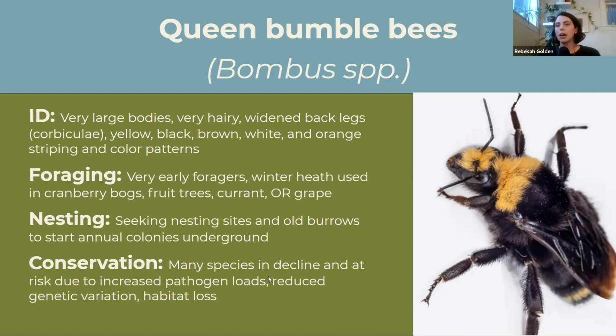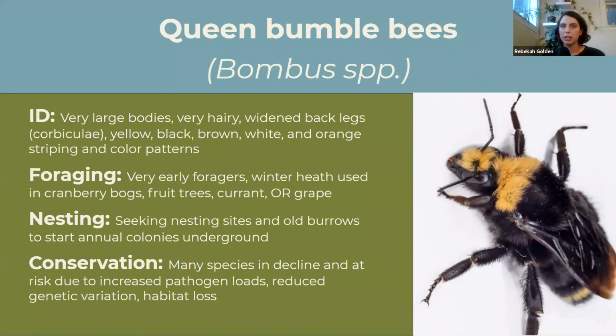There are a lot of bumblebee species that are in decline in Oregon right now, unfortunately. And a lot of that is because of pathogens and diseases that are being vectored by non-native species. There are some non-native species of bumblebees that have brought foreign pathogens and agents over the Rockies.